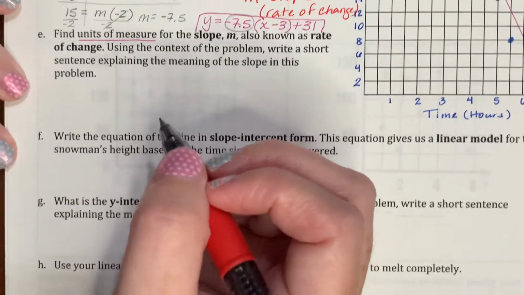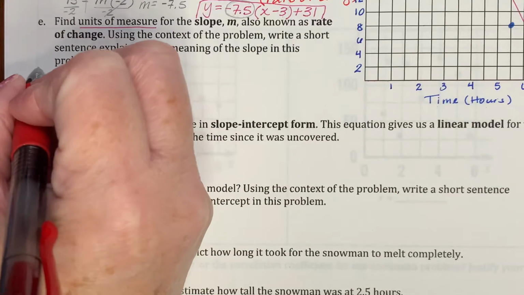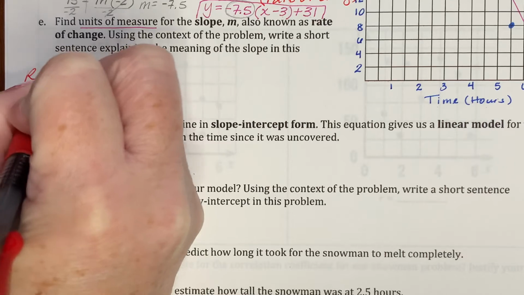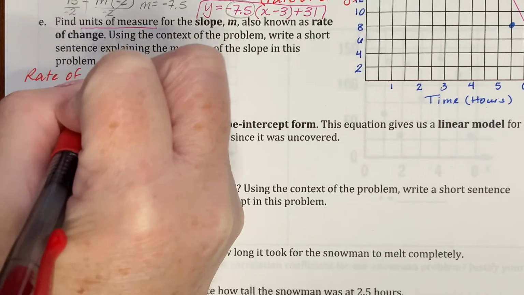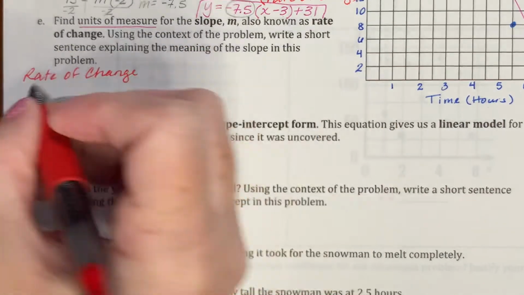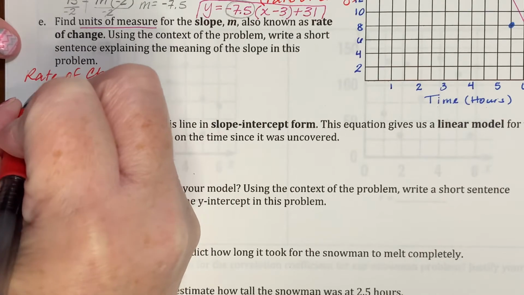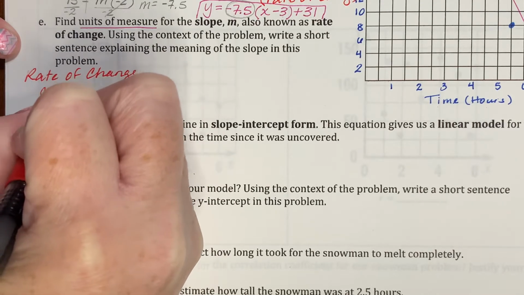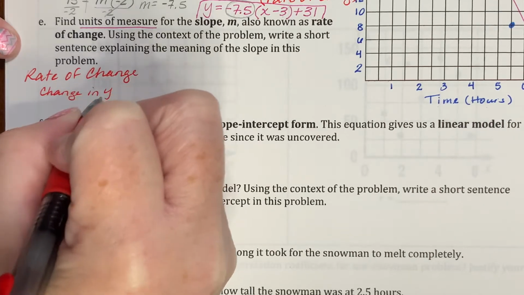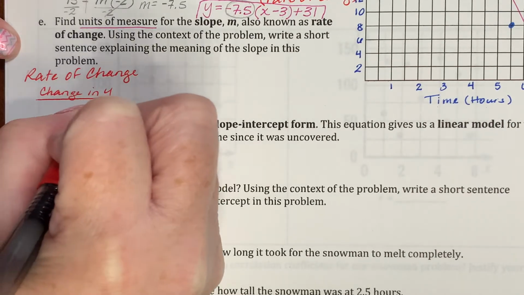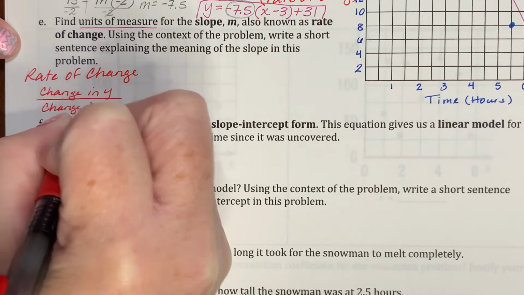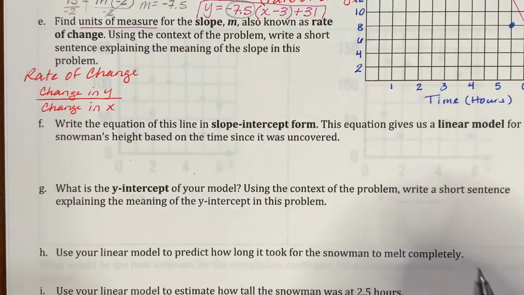So a rate of change is basically the change in y over the change in x.